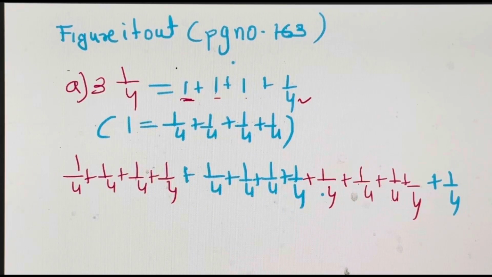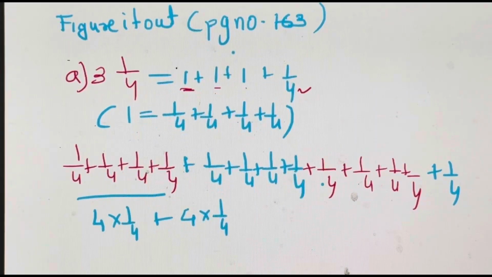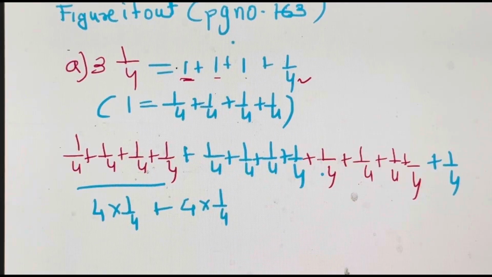Right, so now this one can be written as 4 times 1 upon 4. Again, the second one can be written as 4 times 1 upon 4. The third set is also 4 times 1 upon 4. And this is just 1 time 1 upon 4.